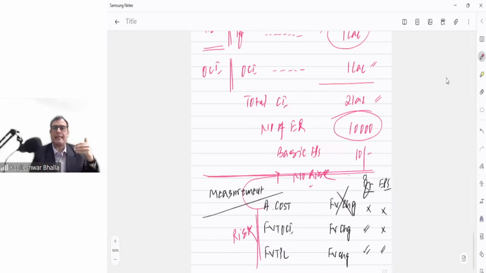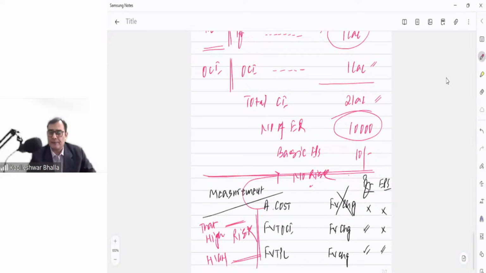Let that return be captured as a part of the profits of the company. And if you see that they are taking a very high risk, then give them a FVTPL approach. And if they are not taking that high a risk, then I'm going to give them an FVTOCI approach.